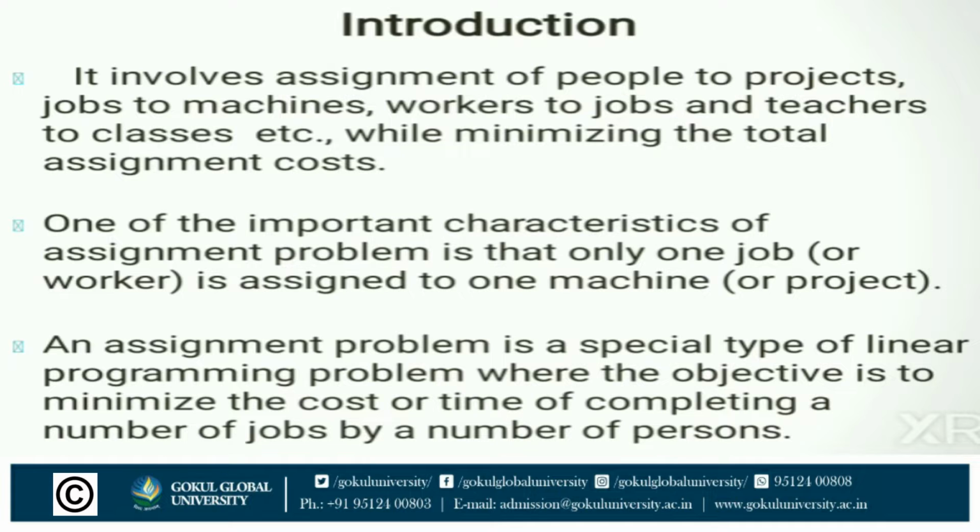This is the most important characteristic of this problem. Second, an assignment problem is a special type of linear programming problem where the objective is to minimize the cost or time of completing a number of jobs by a number of persons.